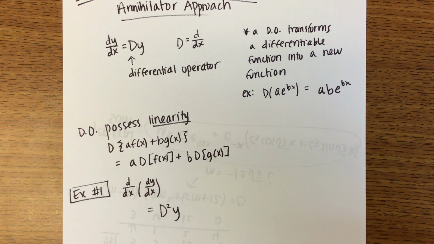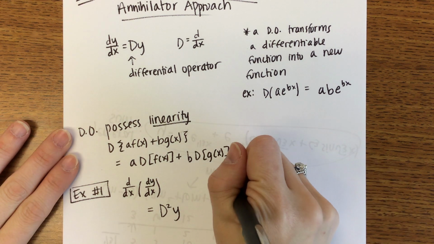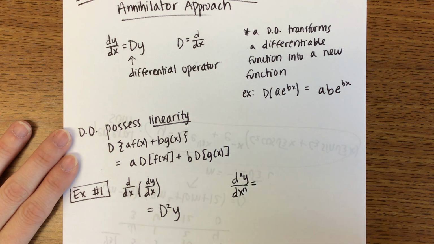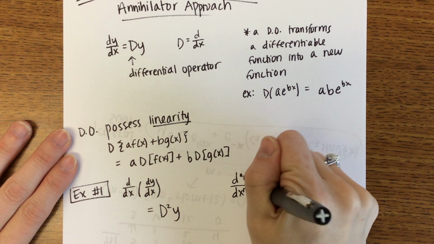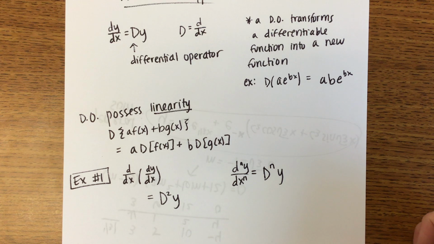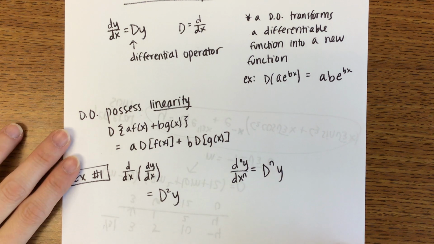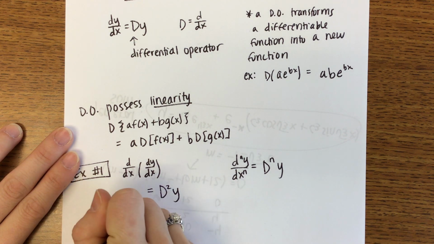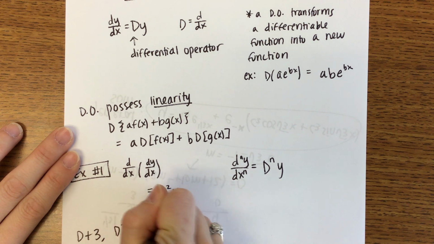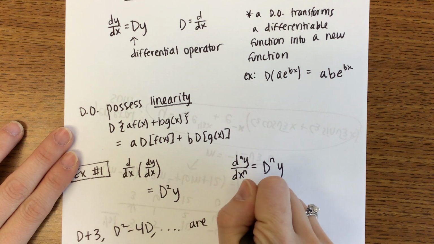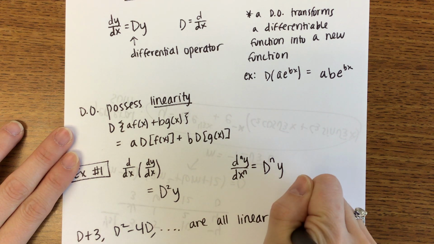So take the derivative with respect to x twice. Now, you're not just going to see D as a differential operator. You might see D plus 3, D squared minus 4D, etc. These are all linear differential operators.